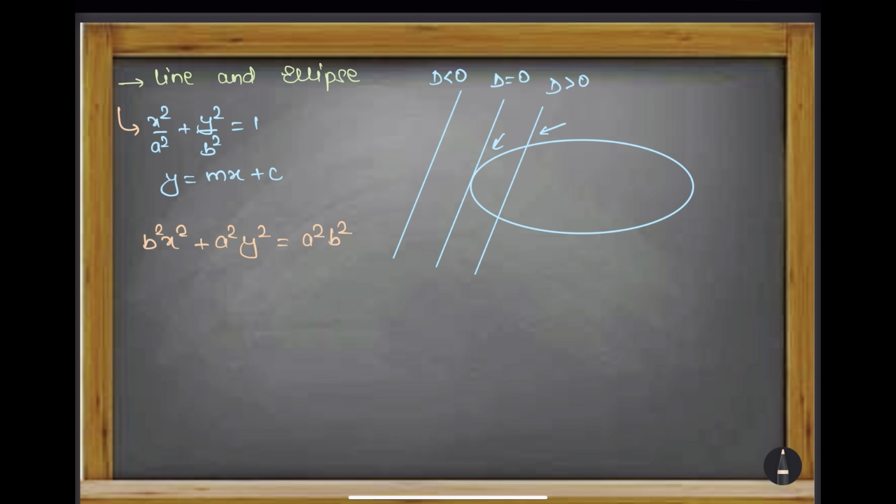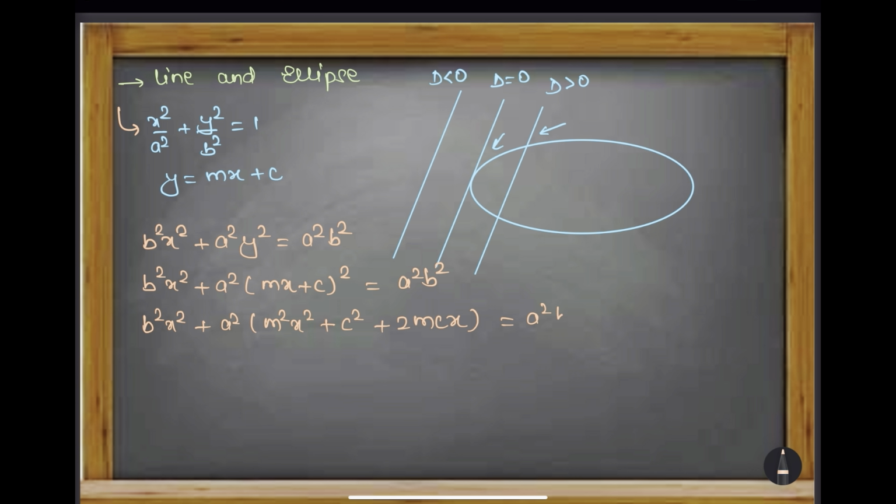Now I will put the value of y so that I can convert it to a quadratic in x. So b square x square plus a square, in place of y I write (mx plus c) whole square, equals a square b square. Now I'll open the bracket: b square x square plus a square m square x square plus a square c square plus 2 a square mc x equals a square b square.